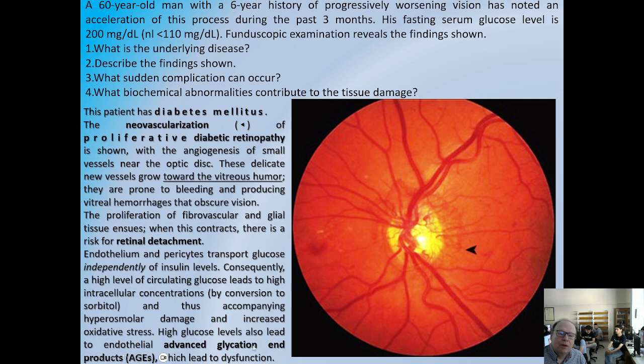These are the basic products that harm tissues in diabetic patients: advanced glycation end products. They mainly affect vessels and make them vulnerable to break.